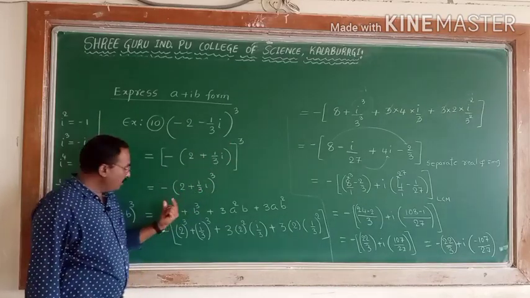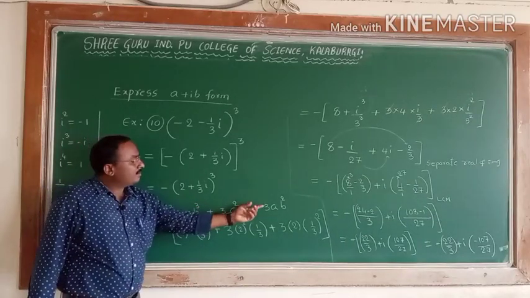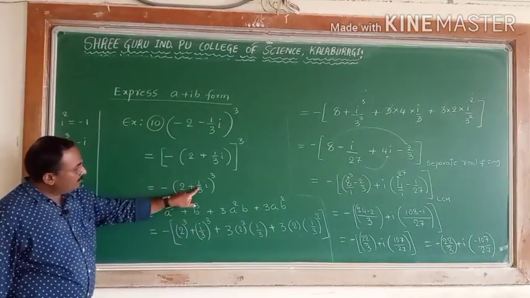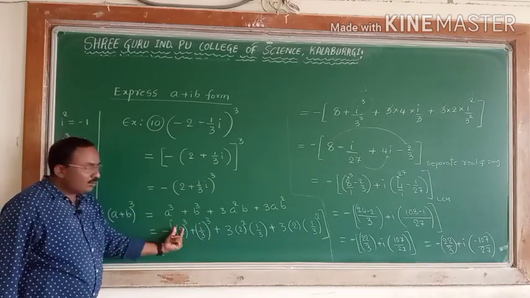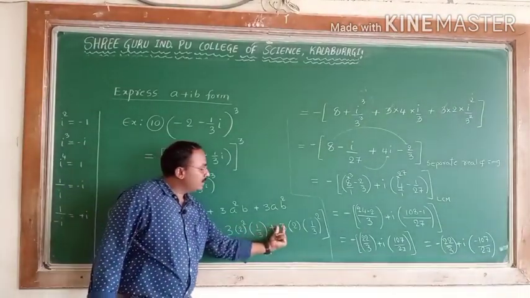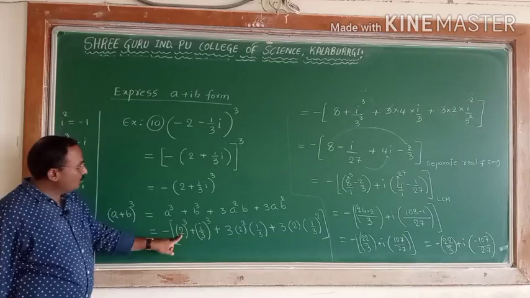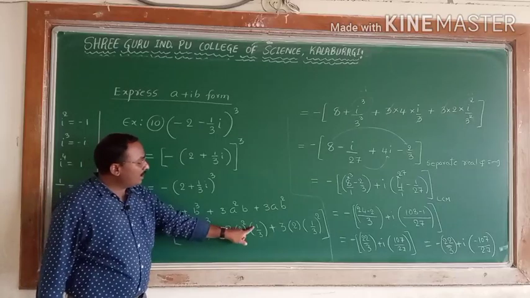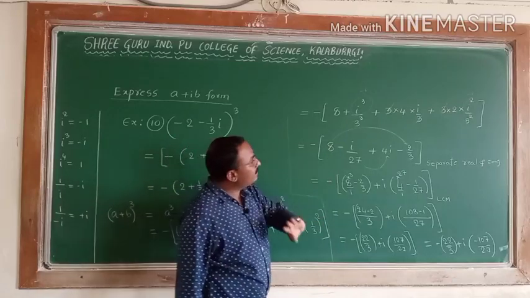A plus B whole cube formula: A cube plus B cube plus 3A square B plus 3A B square. Same as it is, A is 2, B is i by 3. A cube, B cube, 3A square B plus 3A B square. Negative as it is: 2 cube is 8, i cube by 3 cube, 3 into 4 into i by 3, 3 into 2 into i square by 3 square.